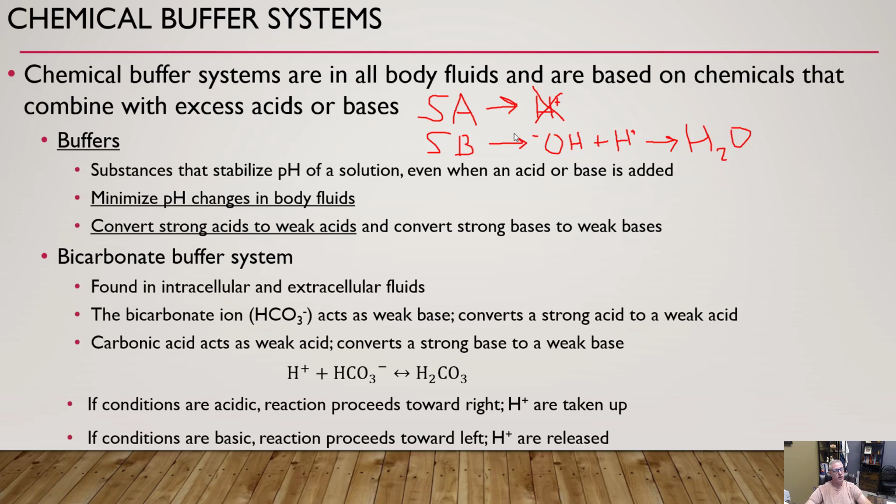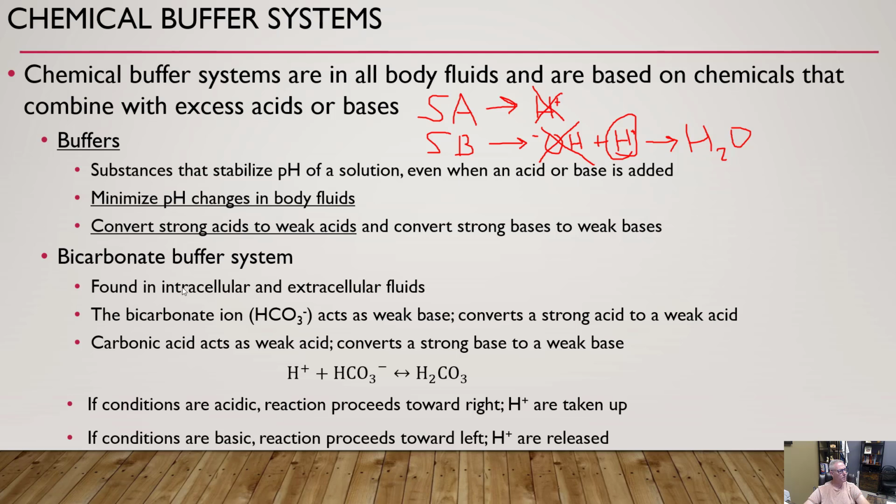We could use our pH buffer system to get rid of our strong bases and convert them to weak bases to keep our hydrogen ions in our body to lower our pH, to get it back to the acidic side. So we can use buffers to convert strong acids to weak acids to get rid of our hydrogen ion concentration, or we could use our buffers to convert strong bases to weak bases.